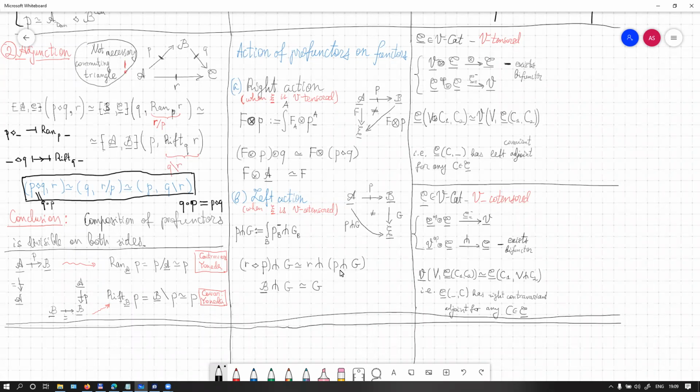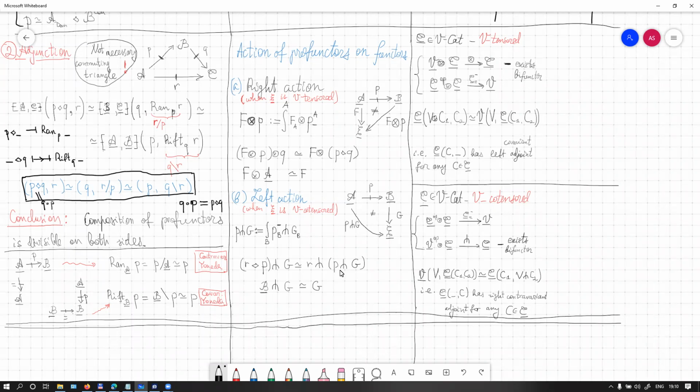Such that this composition satisfies generalized associativity and unitality. So the identity element acts as identity function, and composition acts the same way as if we act first by one factor, then by another factor.